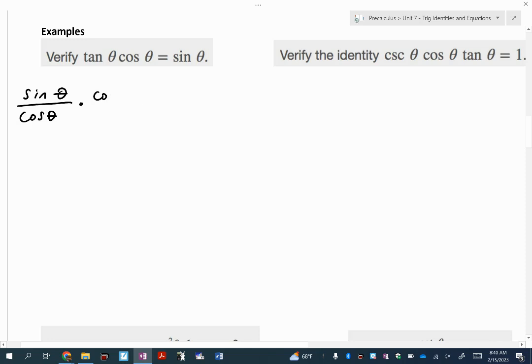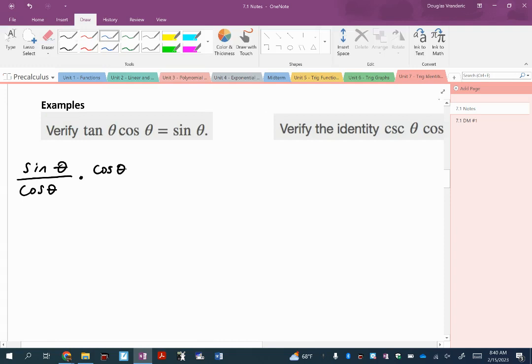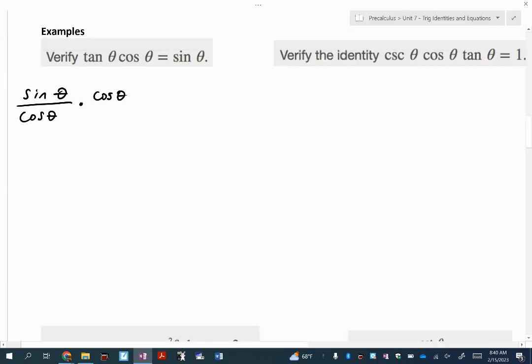And one thing I'm going to try this year that I haven't really done in the past is to put, off to the side in a different color, the identity that I used. So tangent of theta equals sine of theta over cosine of theta. So that when you check your work, you can see where I got that. It didn't just pop magically into my head. I know this identity.